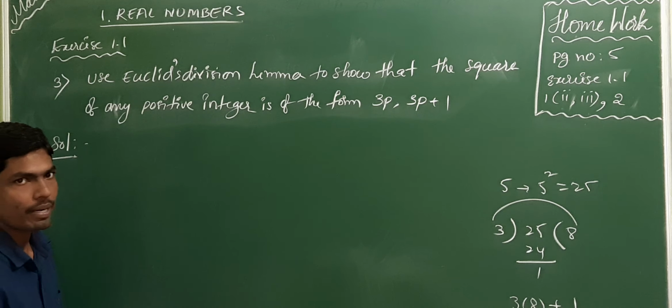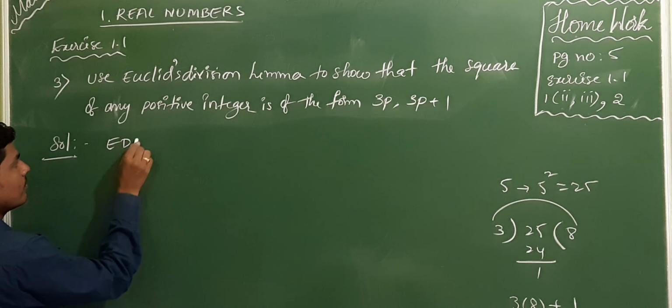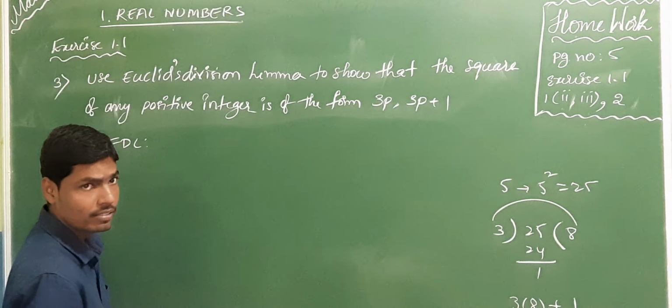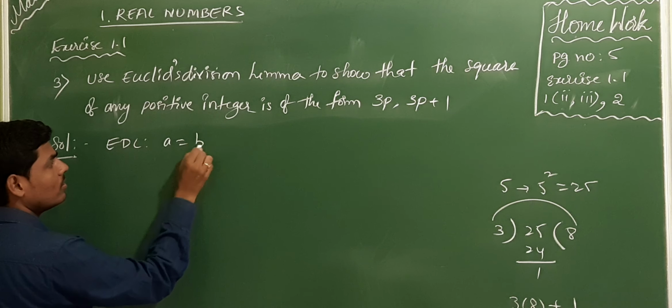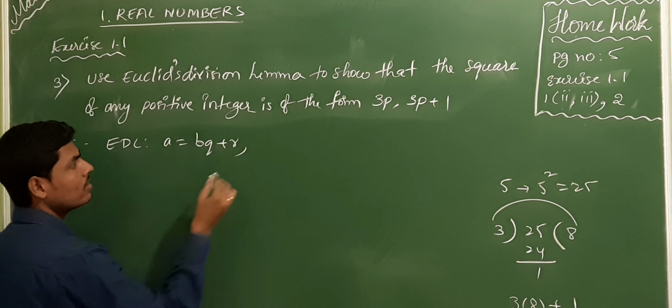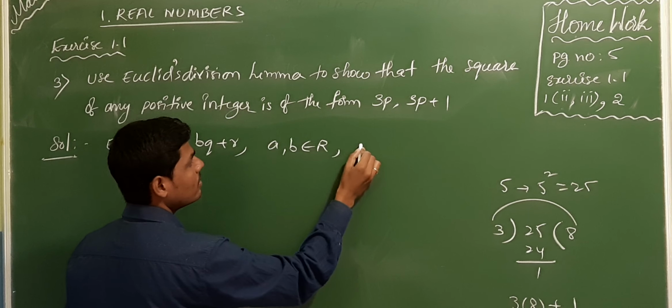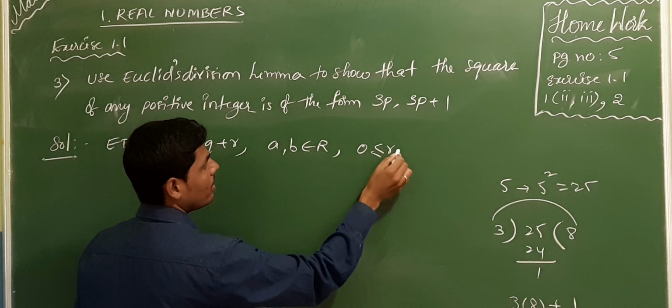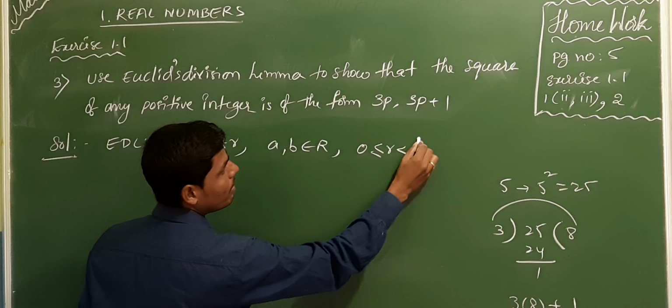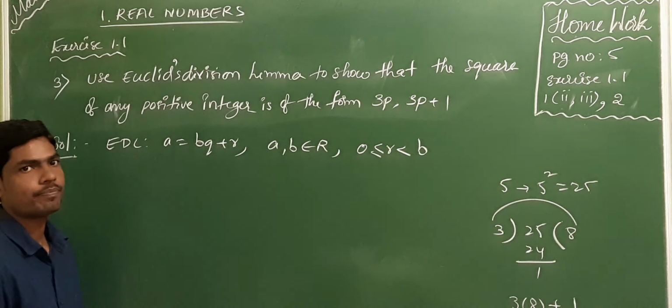Euclid's lemma statement first. What is the Euclid's lemma statement? a is equal to bq plus r, where a, b are integers and 0 is less than or equal to r, less than b.